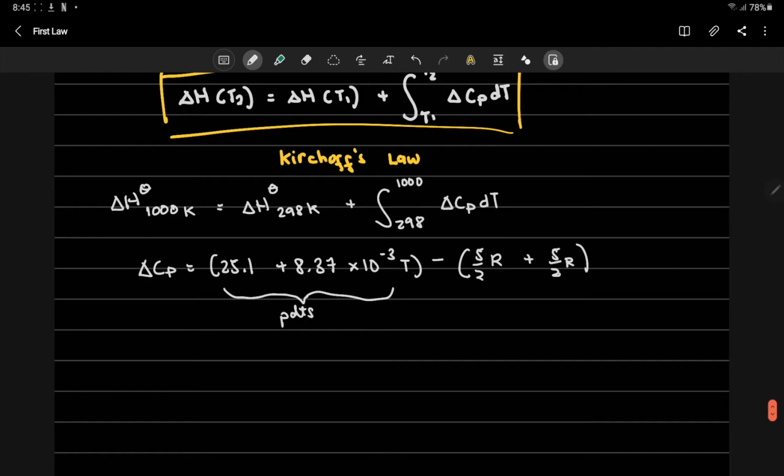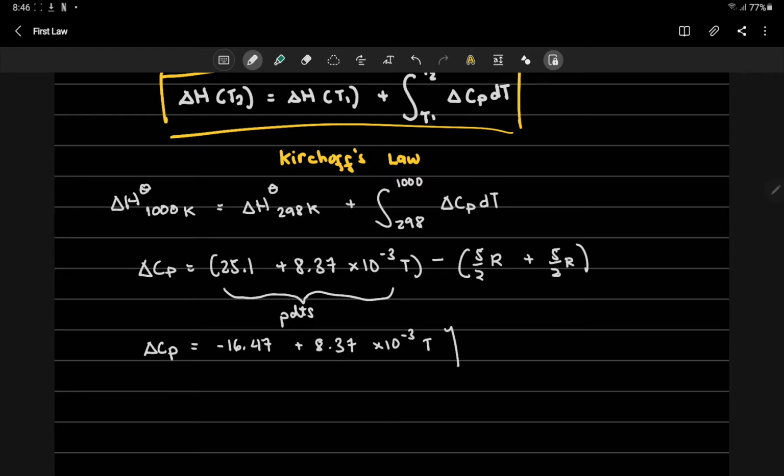So therefore, ang delta Cp natin na pwede natin gamitin mamaya sa equation will be equal to, okay, let's compute. So this will be equal to minus 16.47 plus 8.37 times 10 raised to negative 3T.